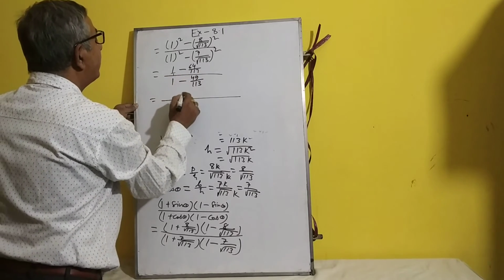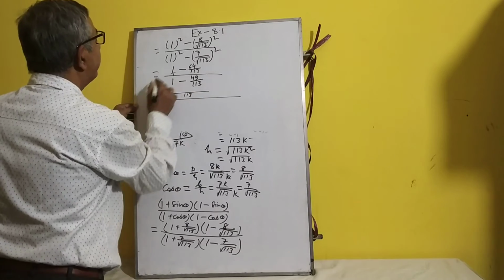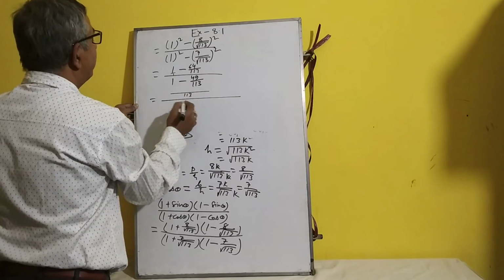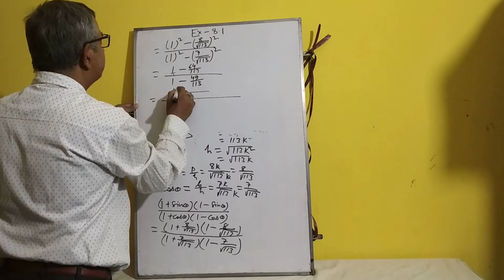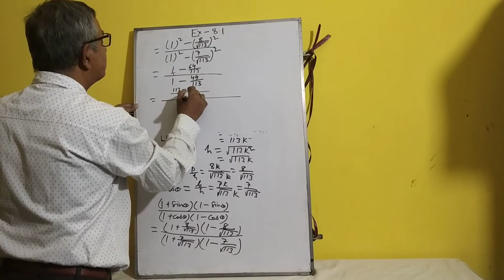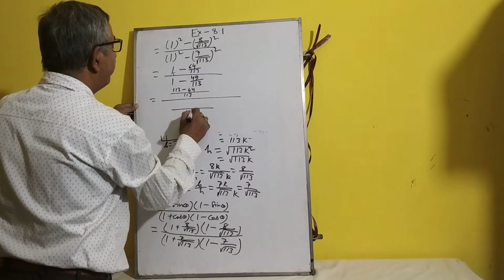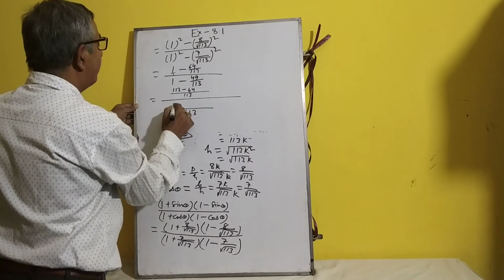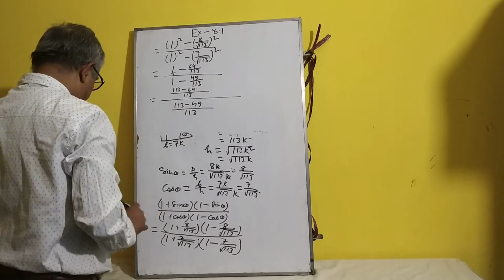So 1 and 113 LCM will be 113. Divide 113 by 1, you are getting 113, and that into 1, 113 minus 64. Again 113. Similarly, 113 minus 49 you are getting.